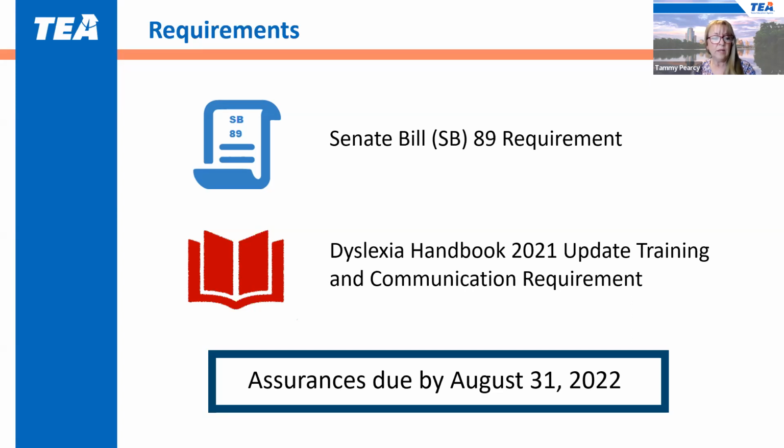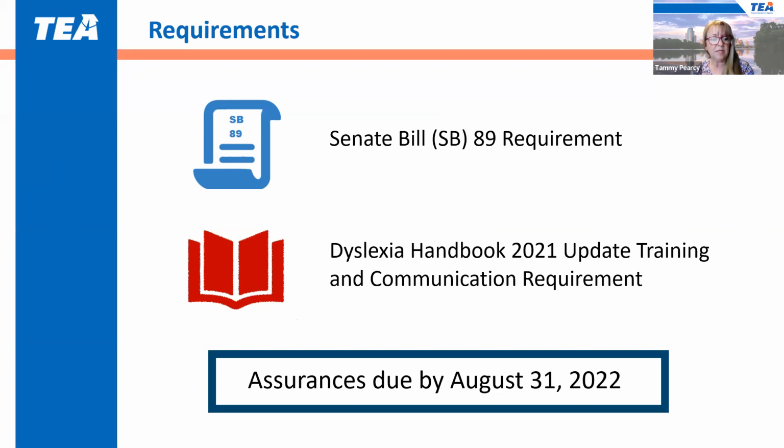When the report of a student's full and individual initial evaluation was completed during the 2019-20 or 2020-21 school year, if the evaluation report was completed on time during those years, there's nothing to do. If the IEP was developed under those requirements, during those years, and the provision of special ed and related services was interrupted, delayed, reduced, suspended, or discontinued, there needs to be some documentation of that.